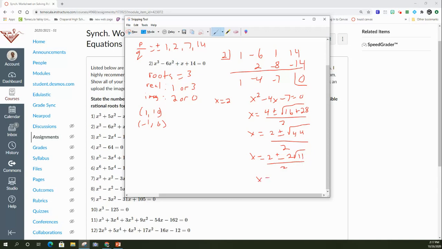So x equals 1 plus or minus rad 11. So my answers, x equals 2, and my other two answers, x equals 1 plus or minus rad 11. So again, these are three real answers. One is rational, and we have two irrational answers.